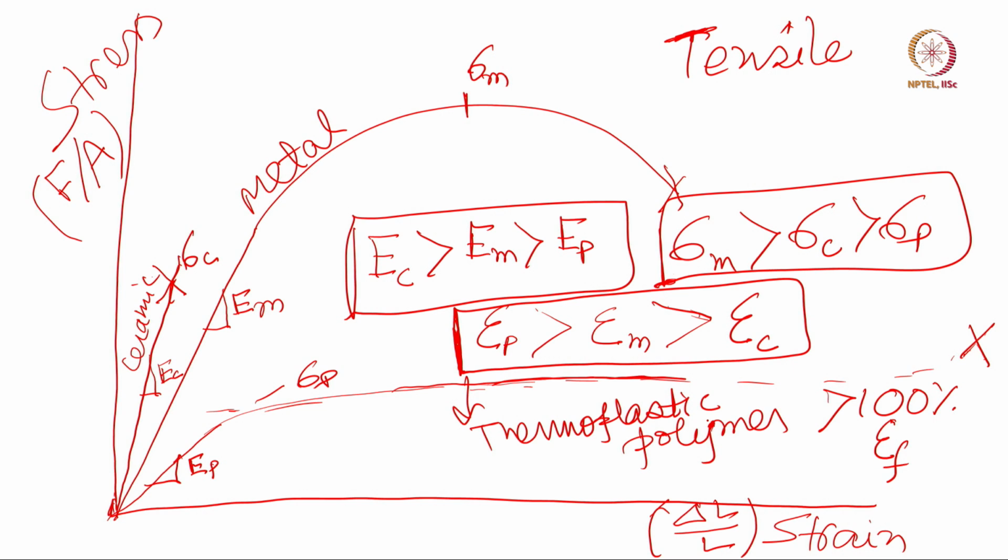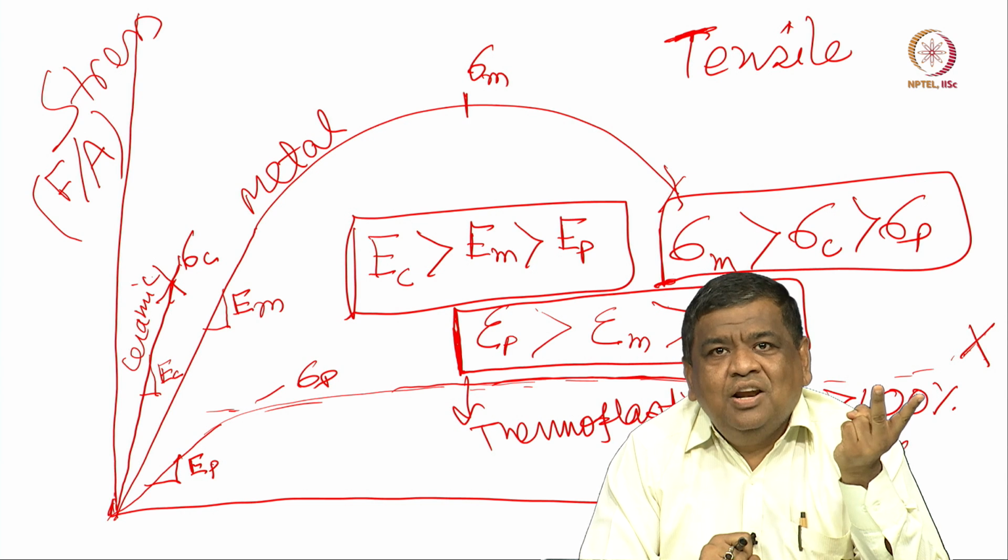In case of thermoplastic polymer, the strain to failure or strain to fracture is much higher than that of metal and that of ceramics. So as I said in the beginning of the lecture on engineering materials overview, each of the material classes has its unique advantages, and now we are in a position to appreciate that statement: for metals strength is higher, for ceramics elastic modulus is higher, for polymers strain to failure is higher.